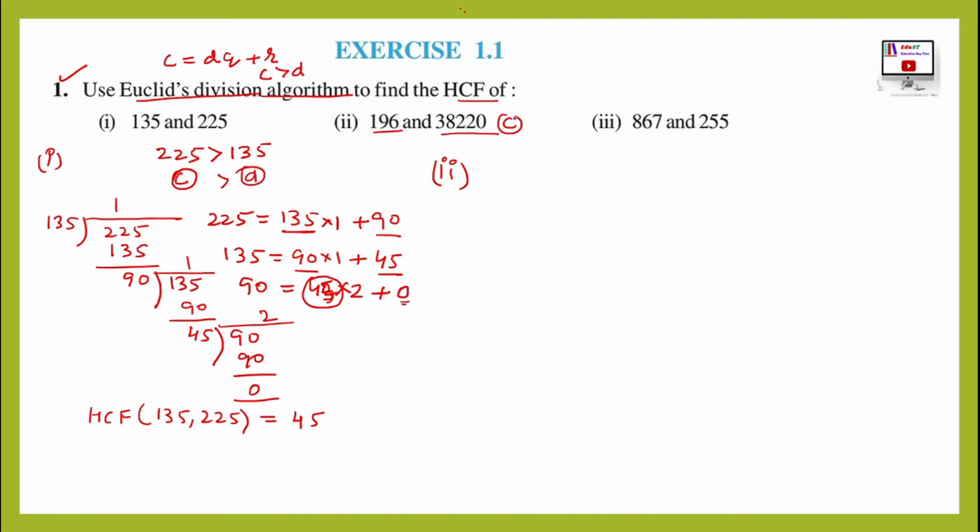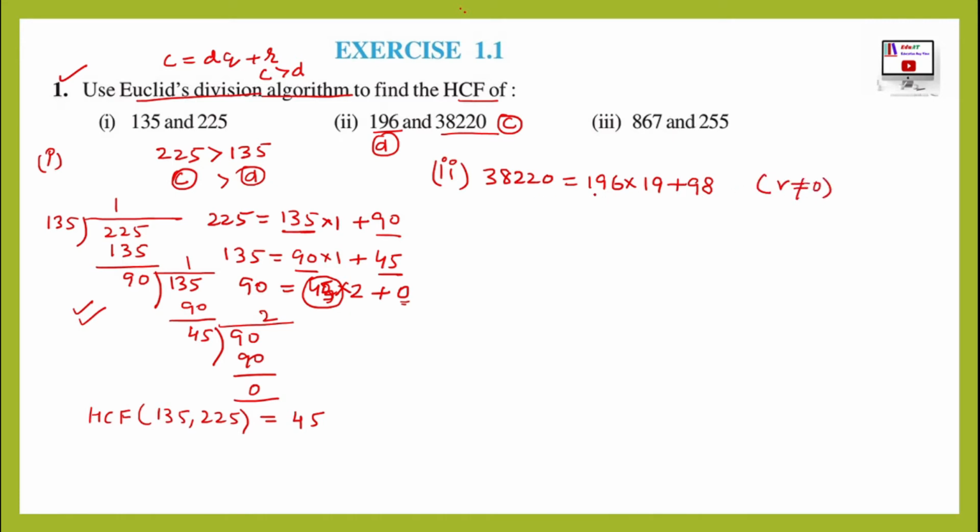So here this will be the C and this will be the D. C is greater than D. So C is equal to DQ plus R. Now this C, 38220, can be written as 196 into 19 प्लस 98. सो इसी तरह से हम स्टेप करेंगे जैसे हमने पार्ट 1 में किया हुआ है. लॉन्ग डिवीजन से ये स्टेप आएगा 38,220 इज इक्वल टू 196 मल्टीप्लाइड बाई 19 प्लस 98. सो दिस 98 इज नॉट इक्वल टू 0, मीन्स रिमाइंडर इज नॉट इक्वल टू 0. यहाँ पर R इज नॉट इक्वल टू 0.